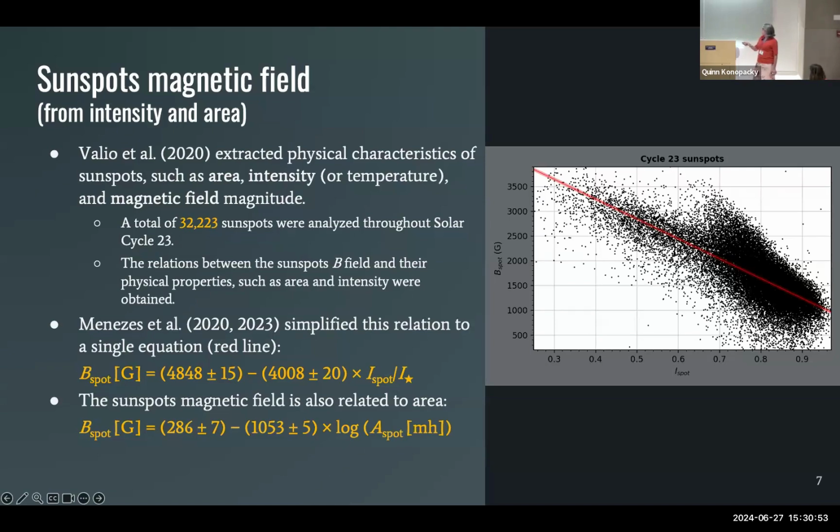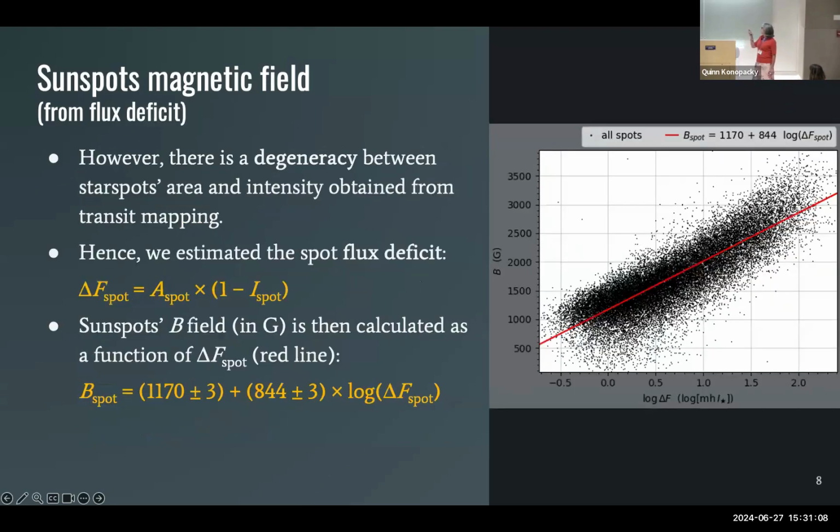We can obtain two independent relations of the magnetic field of sunspots with its intensity or with its area. Here is the relation with intensity, just one plot, and this relation is this red line. But we know that in the case of modeling star spots, there is a strong degeneracy between the spot area and intensity. So we defined a quantity called spot flux deficit.